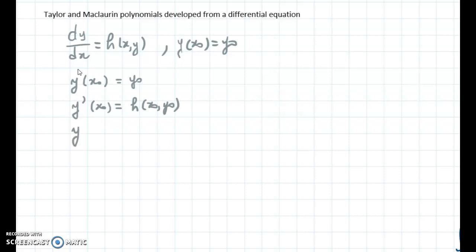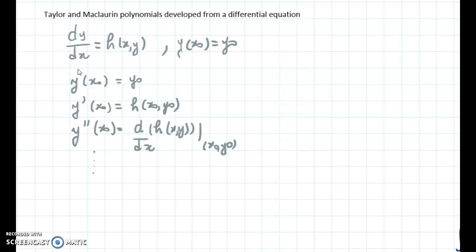We need to know what is the second derivative of y evaluated at x0, so that means we need to know also what is the derivative with respect to x of the function h, which is a function of x and y, evaluated at x0, y0, and so on.